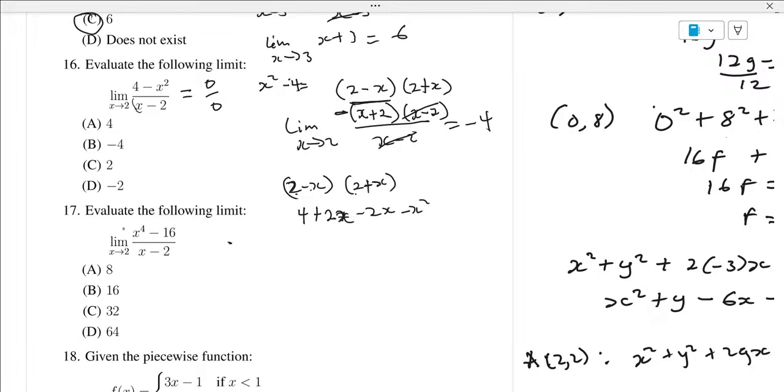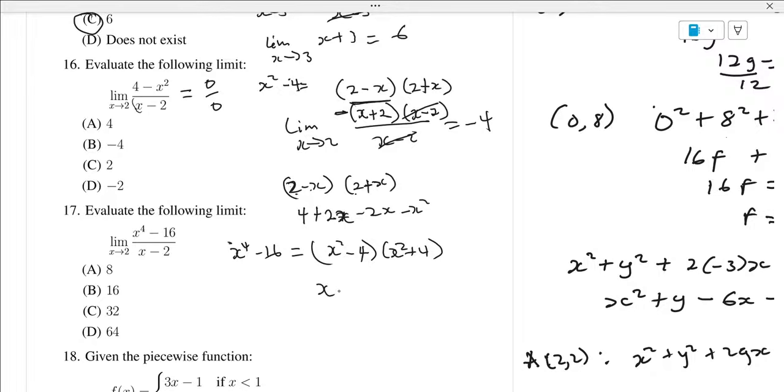Alright, so here too the same thing. We have to apply these principles. So we have x to the power 4 minus 16, which we can rewrite as x squared minus 4, and then x squared plus 4. Now we can rewrite this one as a difference of two squares.